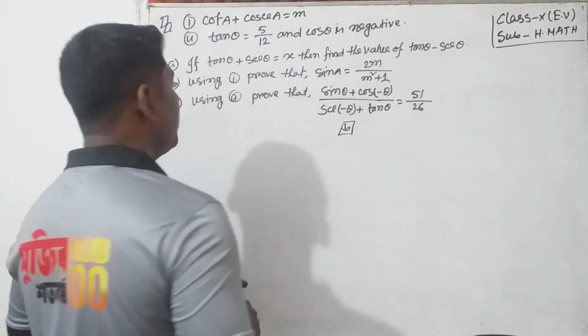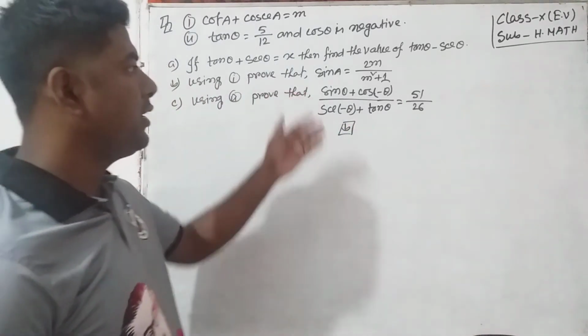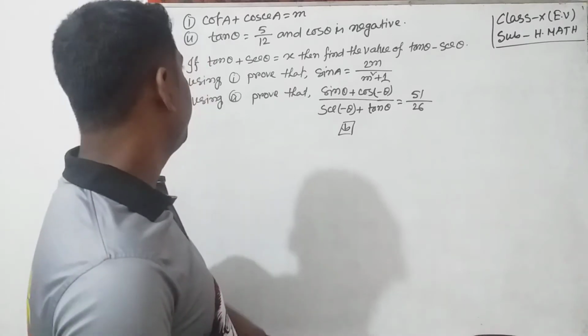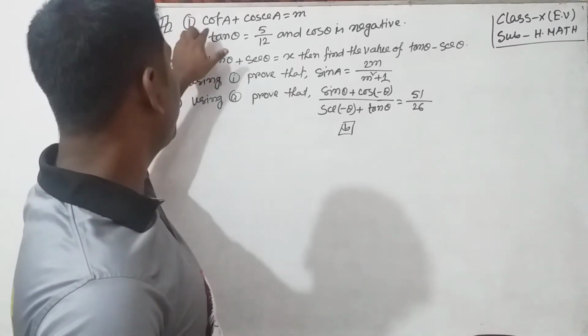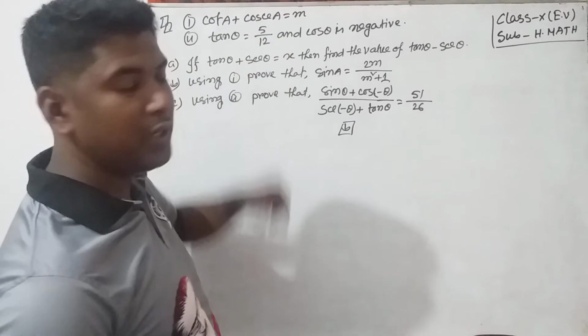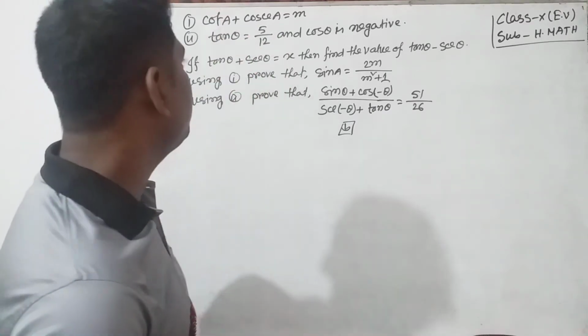Using 1, prove that sin A equal to m by m square plus 1. Here using 1, that means cot A plus cosec A equal m. We use this value.